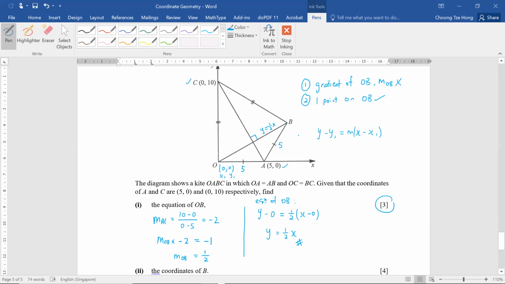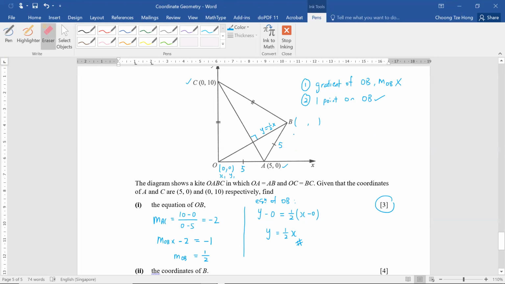But now you'll be thinking, for B, I don't know both of the coordinates. But remember, we have AB equals 5. So I have information to formulate an equation, and if there's only one unknown in the equation, then I can solve to find the unknown.